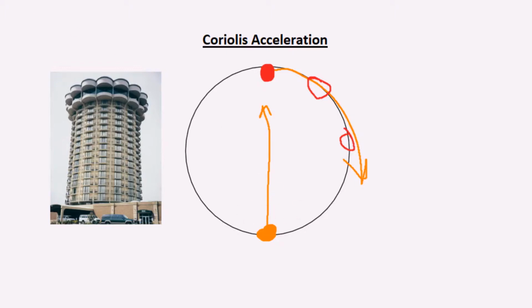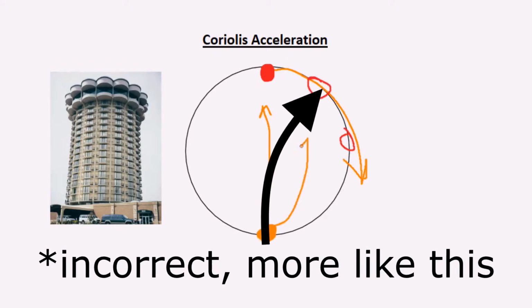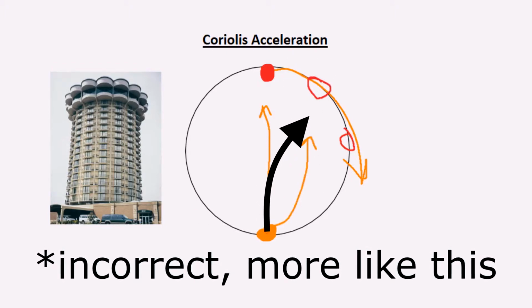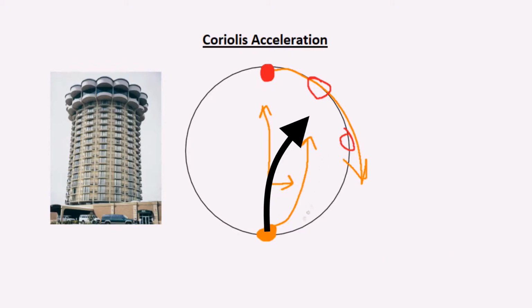In reality, it would take some kind of trajectory, probably like this. It would have a little bend because the acceleration acts normal to the direction that it's traveling. So if it was pulling this way, then it would cause the trajectory to change as it traveled. So they would have to account for that.